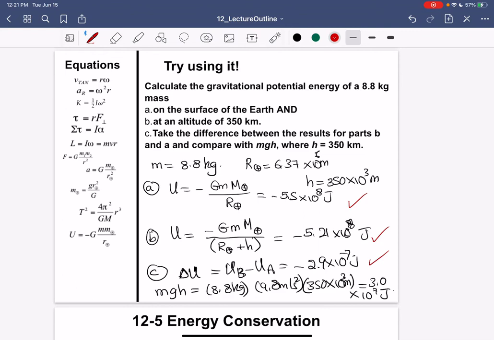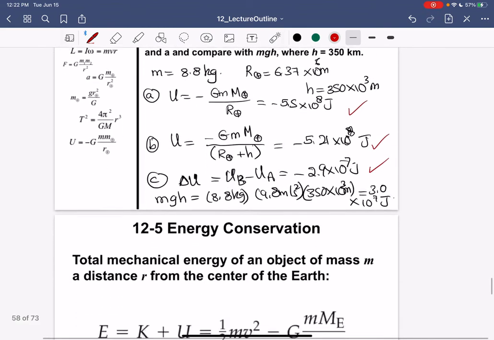I have calculated here mgh, 3 times 10 to the 7. It's approximately the same value, the difference between the two values.